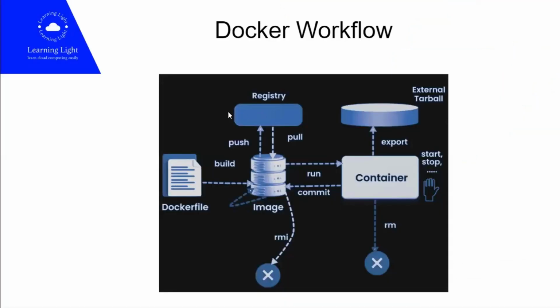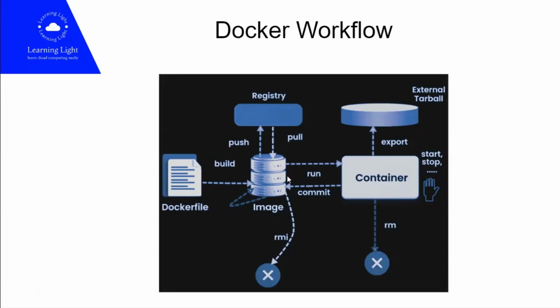So till now, this is the Docker workflow, and we have covered how we can pull the Docker images from the registry. Also, we saw how we can build the Docker image from a Dockerfile, and how we can spin up the container from the Docker image.